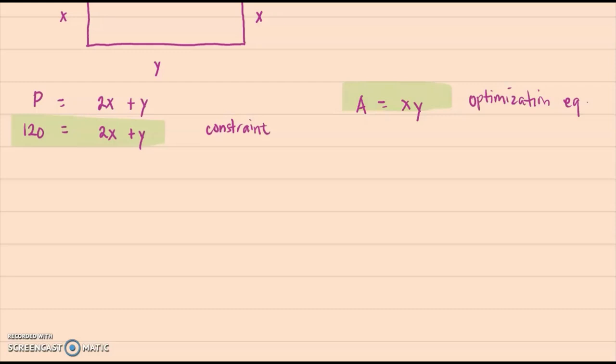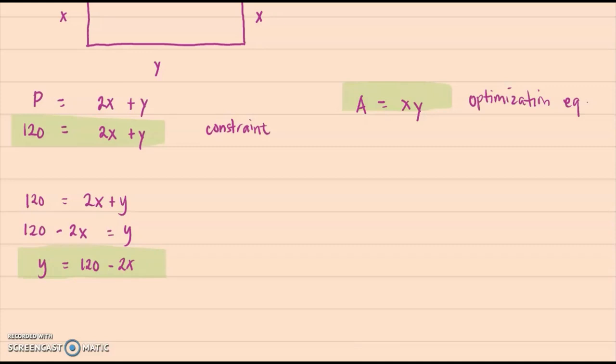Solving for y, we have 120 minus 2x is equal to y. Let's just write it this way: y is equal to 120 minus 2x. Highlight that equation because we are going to use it later.